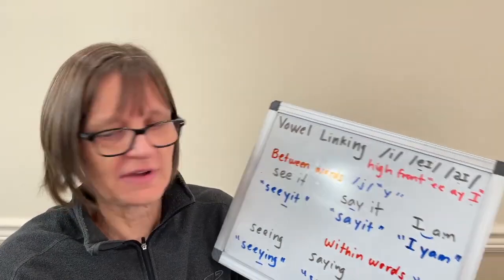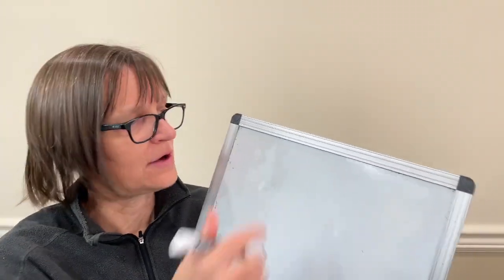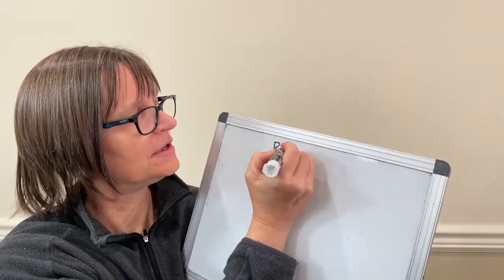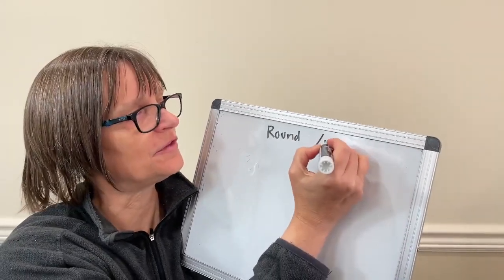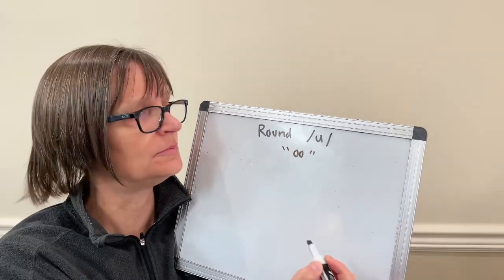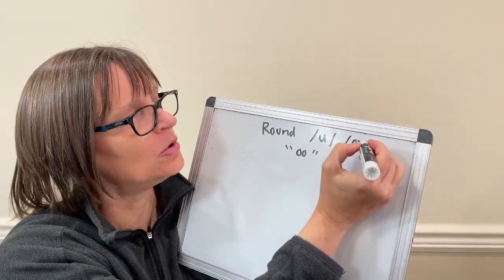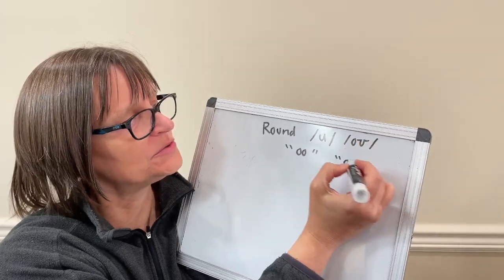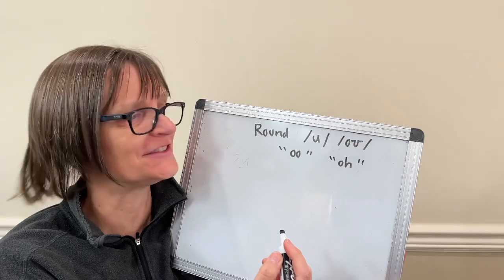We also do vowel linking, and I'll show you this as well, for round vowels. So for certain rounded vowels, for the vowel oo, which I'll write this way, like in new or school. For the diphthong O, which we usually just write with O. I sometimes spell it with OH to make it clear that it's the O sound.